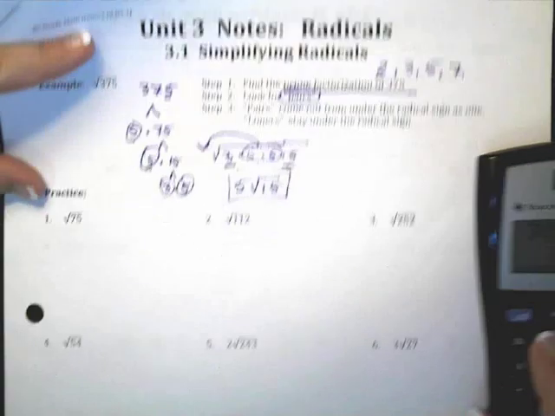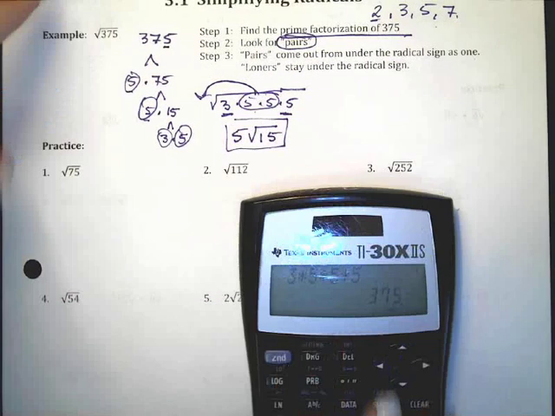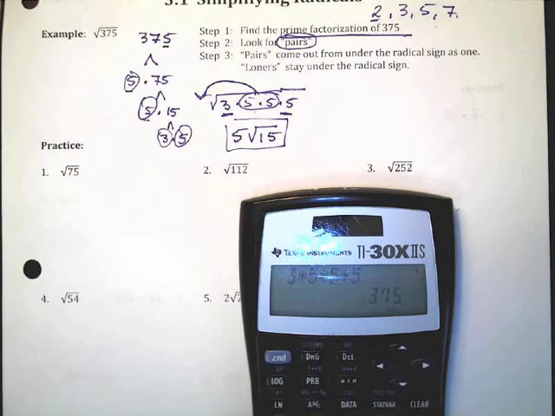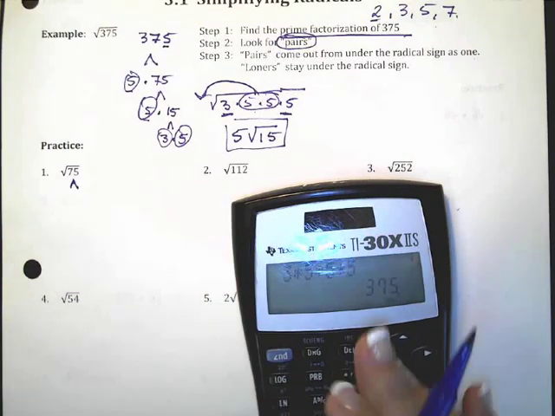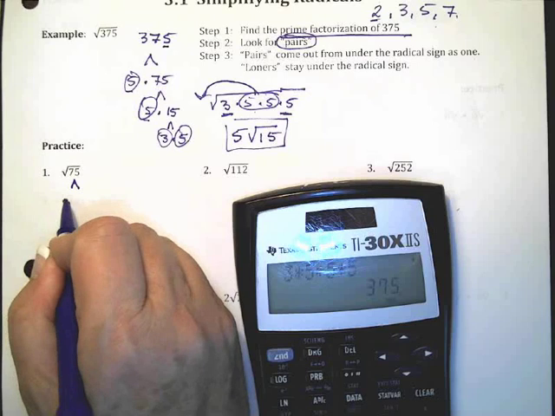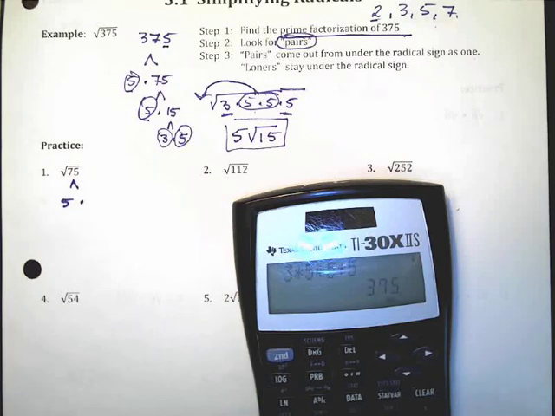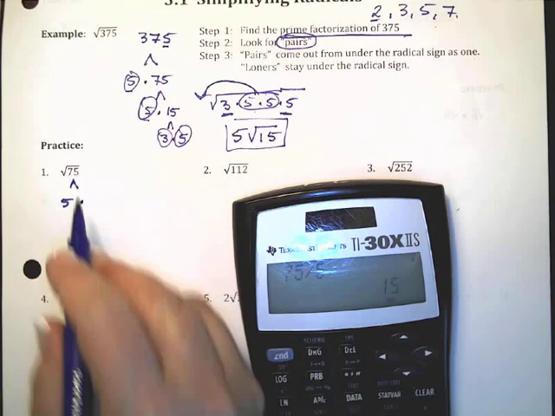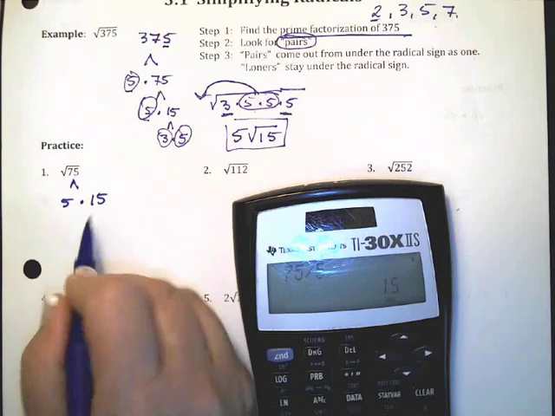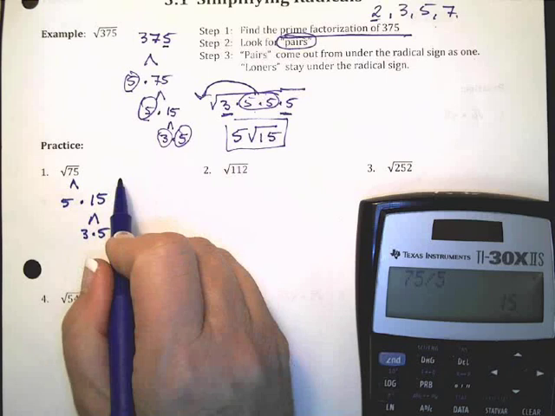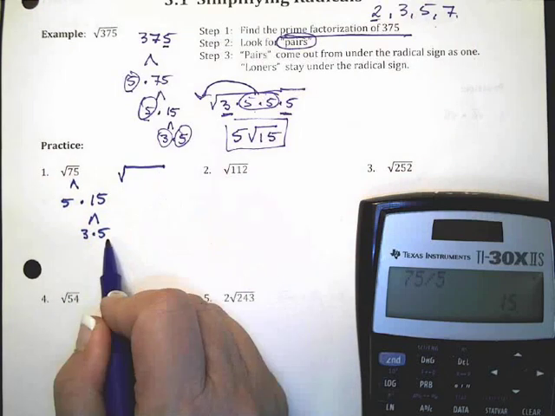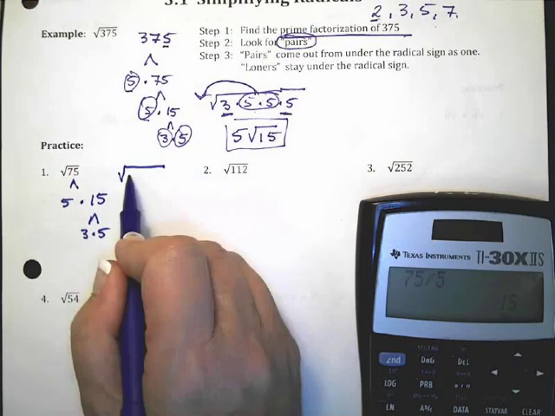Okay, now that we have the general idea, let's go down and do the first practice problem. The first thing we're going to do is break 75 down so that we've factored it into prime factors. 5 goes into 75 15 times. Break 15 down into 3 times 5. Go ahead and list our prime factorization underneath the radical symbol.